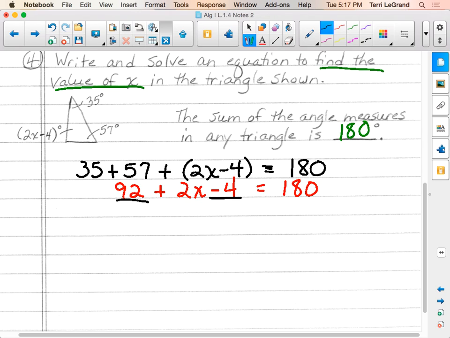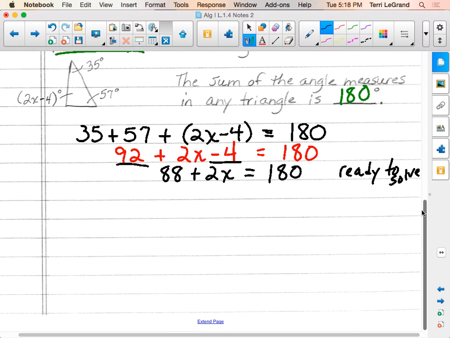So we'll bring them together and say 92 take away 4 is 88. We have our plus 2x still over there. And now I would say that this is probably ready to solve. No more simplifying necessary.